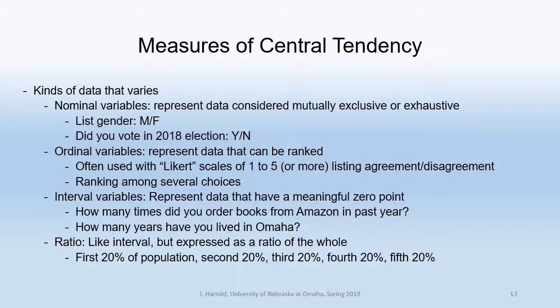Interval variables are actual data that have a meaningful zero point. When I ask you, how many times did you order from Amazon in the past year? How many years have you lived in Omaha? You can come up with a number, and that varies across all the responses in an interval way. And then there's ratio, which is like interval, but expressed as a whole, like the first 20% of the population, the second 20%, the third 20%. Ratio intervals are used a lot when we talk about things like income.